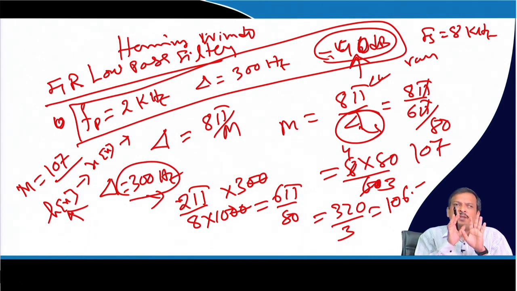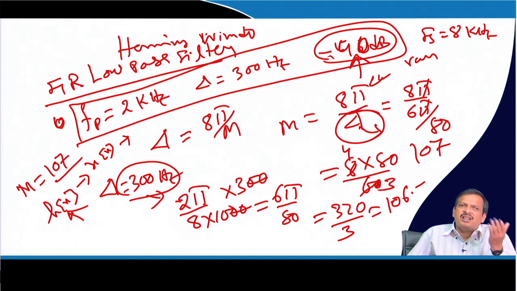So first, the specification to discrete frequency conversion, and the relation between the transition bandwidth and the order of the filter. If my transition bandwidth is 300 hertz, my order of the filter using the Hamming window is 106. In the reverse way, if somebody says the order of the filter is 200, what should be the transition bandwidth? You can easily calculate.